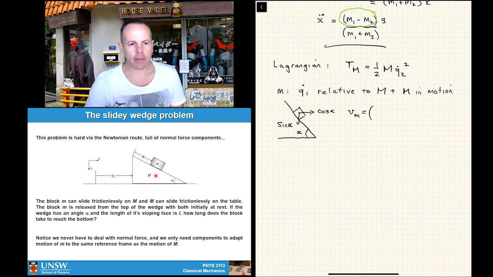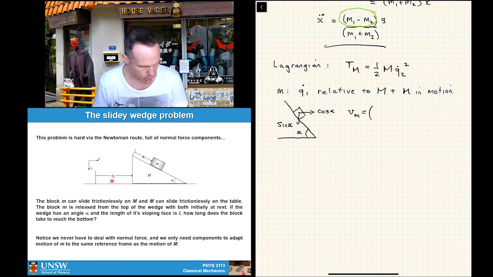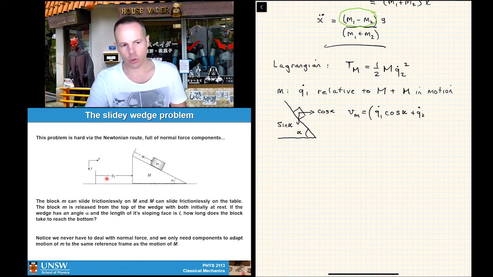If we think about the x component here, there's going to be a q1 cos alpha in the horizontal and a q2. So it is going to be q1 dot cos alpha plus q2 dot. We add those two because q2 goes in this right direction, q1 goes in this right direction.